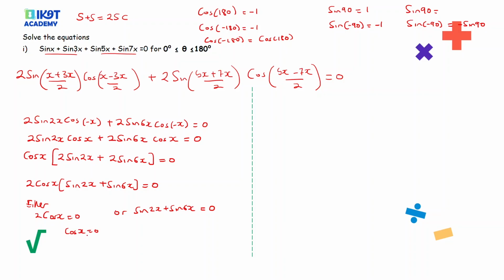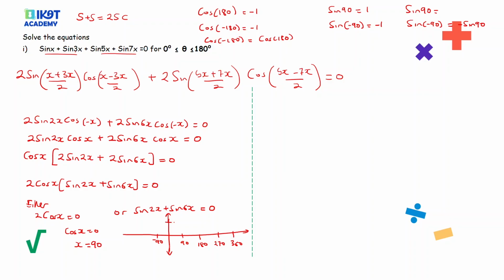For this you can obtain the values from the graph. You can draw the graph, but I don't want to because of time. You can see x equals 90, but for the other values, let me just draw it here. This is the graph of cos, with 90, 180, 270, 360, and negative 90, and 1 and negative 1 on the vertical axis.